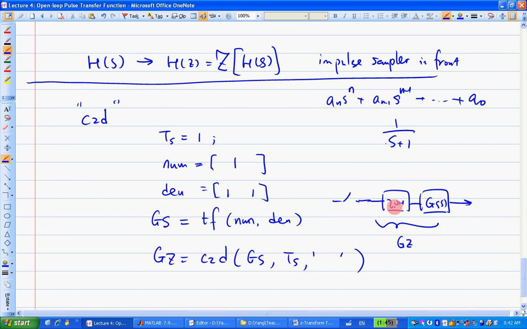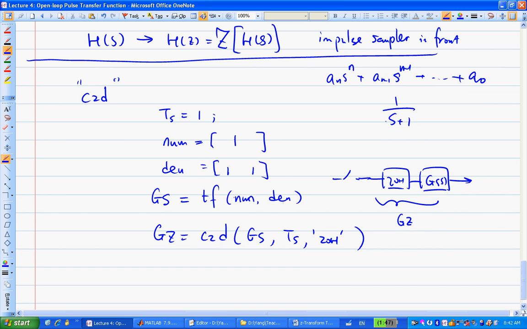You see there's a zero order hold here, so what you do is plug in 'zoh'. When you plug in zoh, MATLAB knows there is a zero order hold in front of this G of s. So it's going to do this continuous to discrete conversion by inserting that block in front and then doing this conversion.